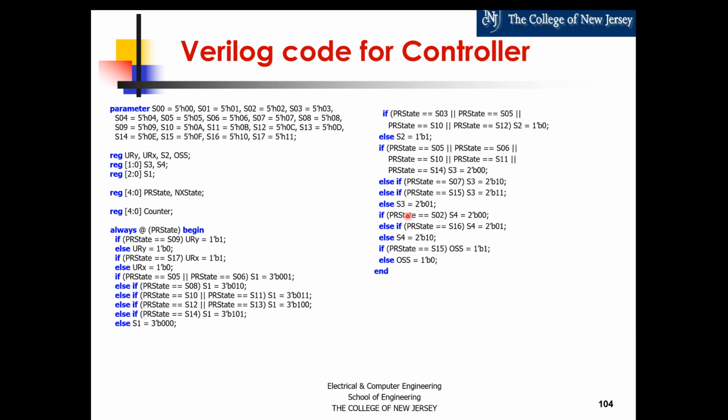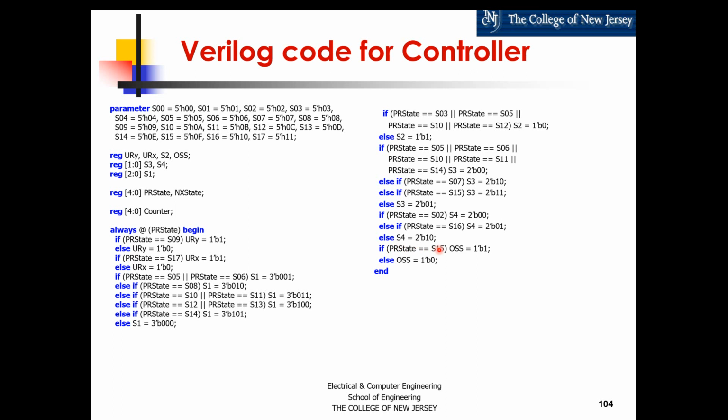And then for signal S4, if it's state 2, I know that it has to be 0. If it's 16, it has to be 1. Else it's going to be 2. And finally, if I have a state 15, that's when I complete the process.